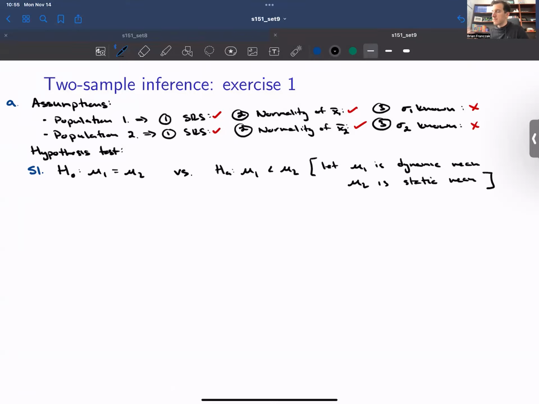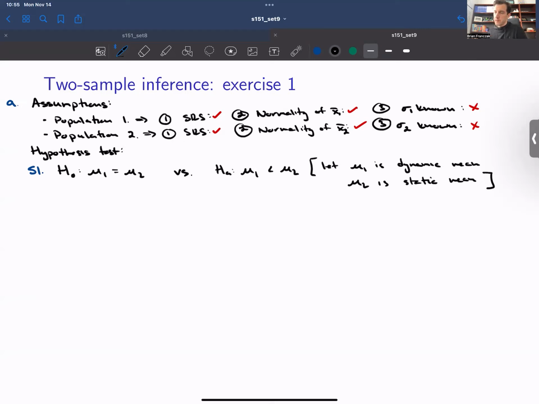So here, I'm going to let the dynamic population be mu1, so I can write this as a lower tail test. If I let the dynamic population be mu2, this would just become an upper tail test. And that's perfectly fine. They're going to answer the same question. It really just depends on which mean we consider to be the first one and which mean we consider to be the second one.